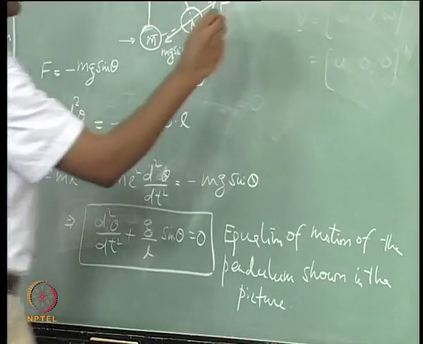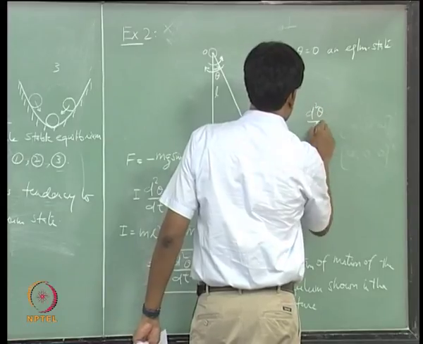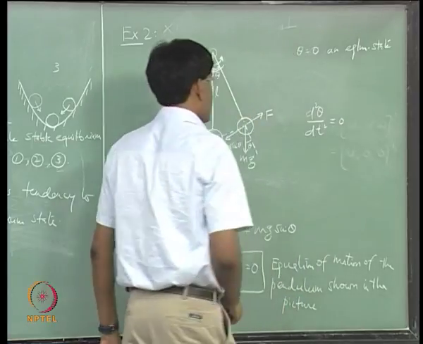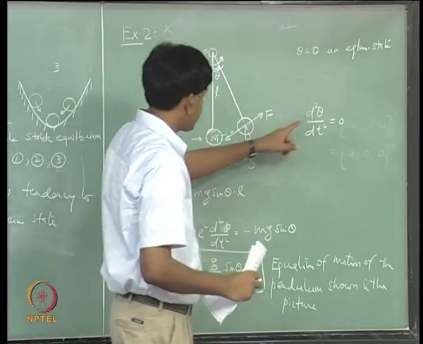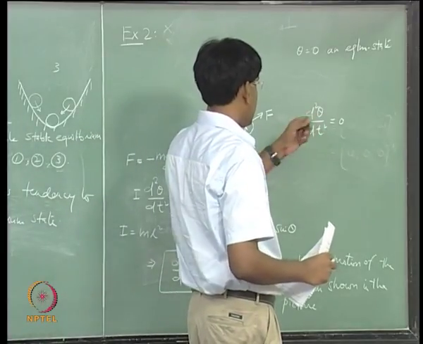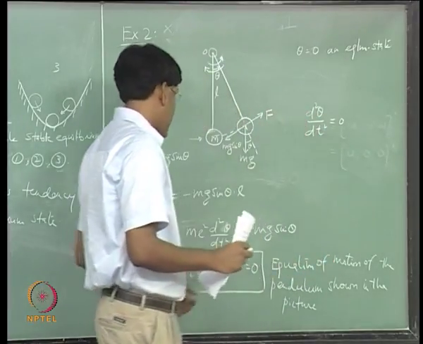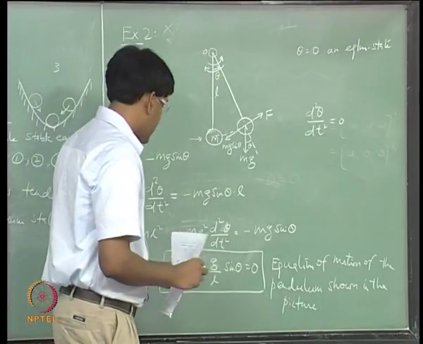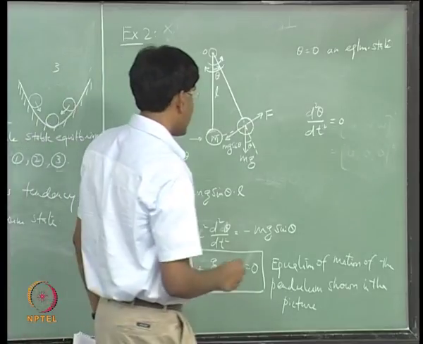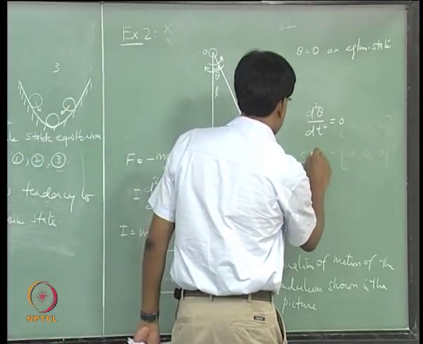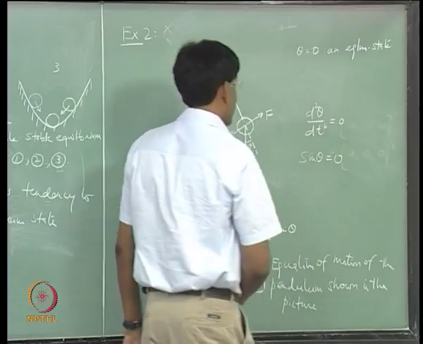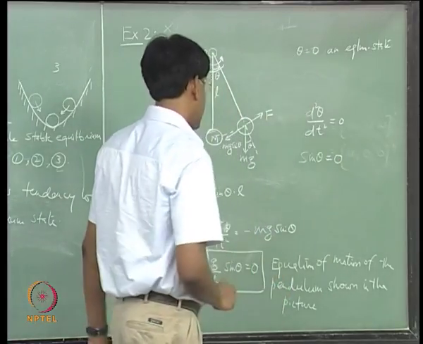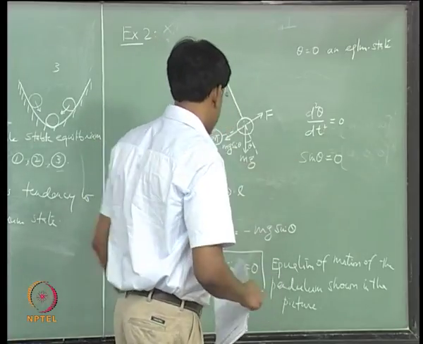So, in this case, the rate of change of any variable with respect to time is 0, that is another definition of an equilibrium state. So, in this case, what we get as the equilibrium state is the result of this equation.